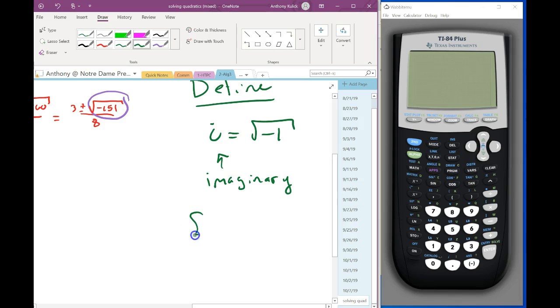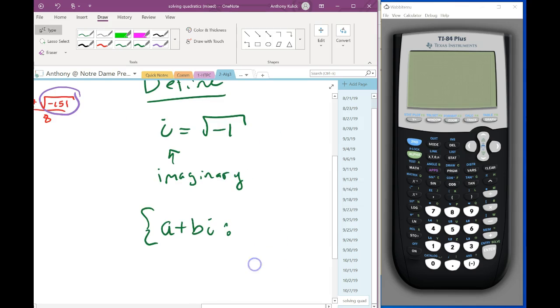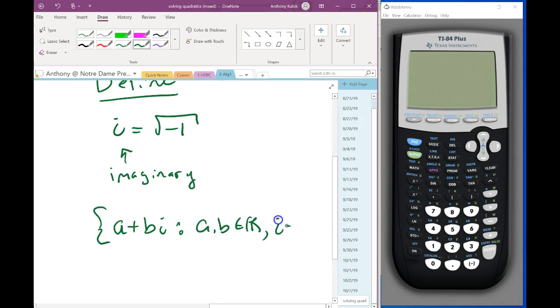And if we form the new set of numbers, a plus bi, where a and b are real numbers, and i is this square root of negative 1, we're going to call this set the complex numbers.